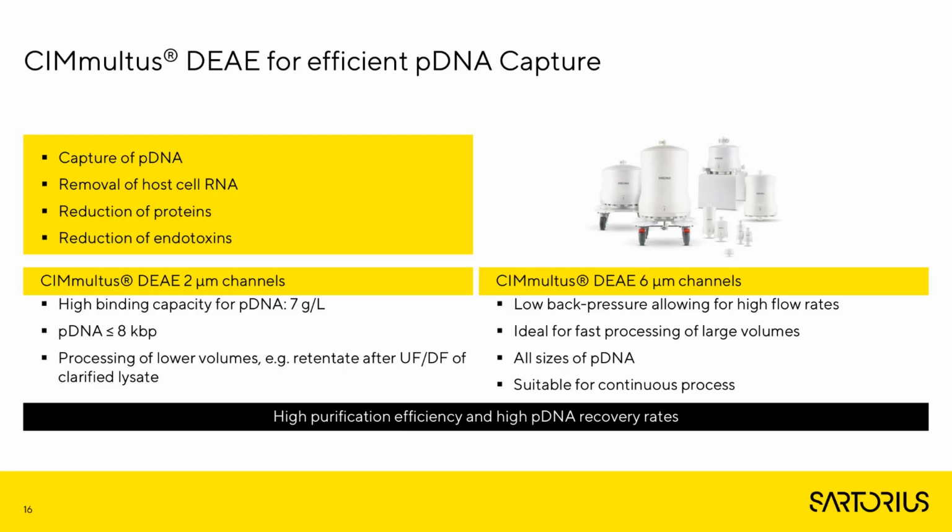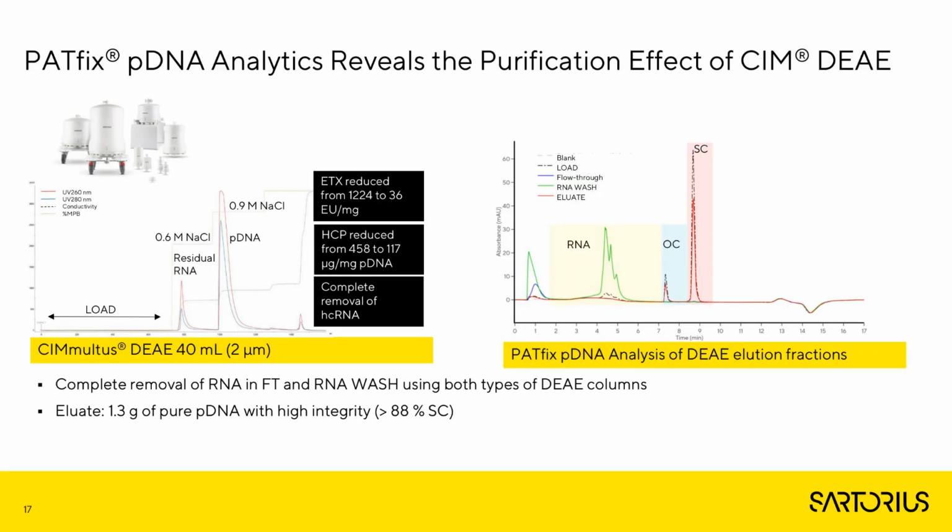And so this sort of chromatographic column is used to purify any plasmid DNA from 3,000 base pairs up to 25,000 base pairs. We have purified with this.